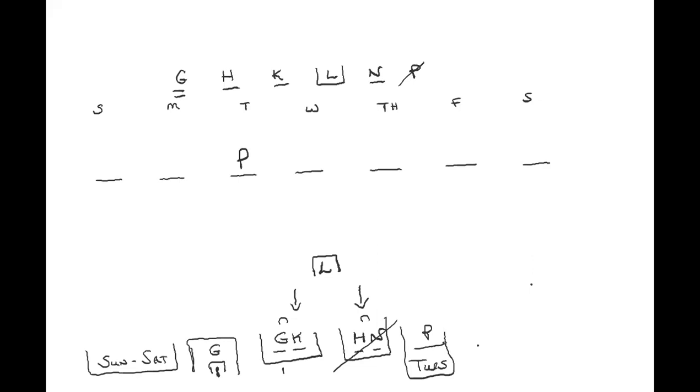So we're going to remember that G goes once. I may want to create some kind of visual here for Sunday and Saturday, just to remind myself that those are the same. And that's it. I'm ready to go. There's really not a whole lot to do here. So it's very wide open.